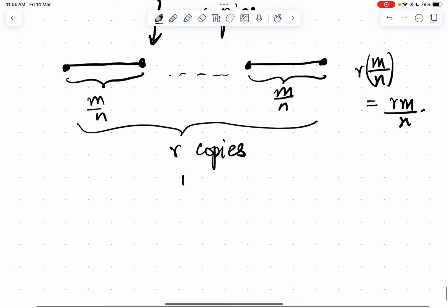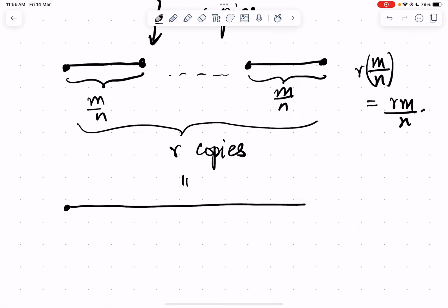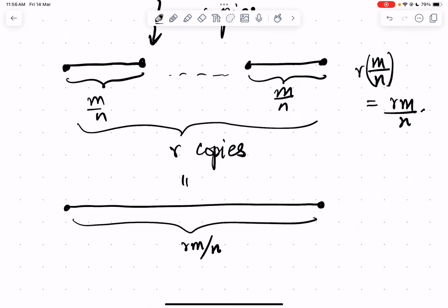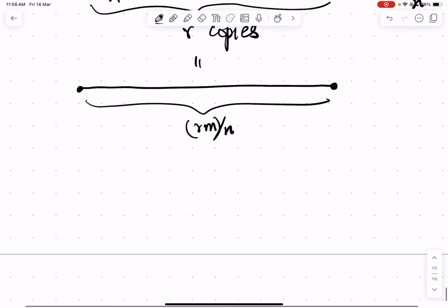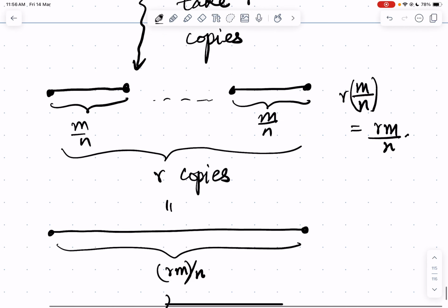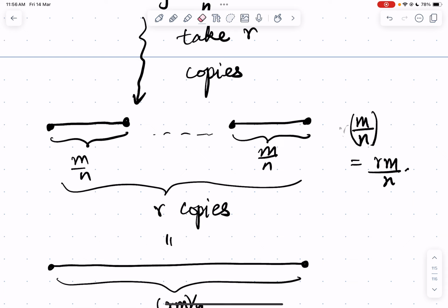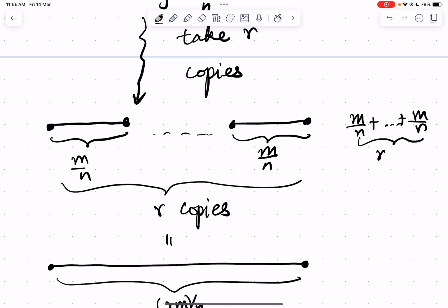If we just want to use addition, we can do that as well. We can write in terms of addition alone, m by n plus m by n and so on, r copies, equals rm by n, right?